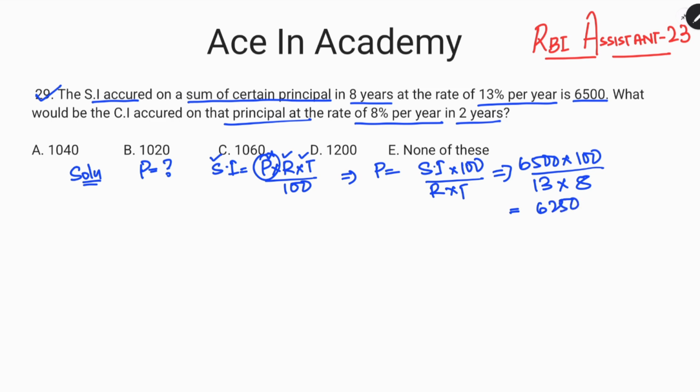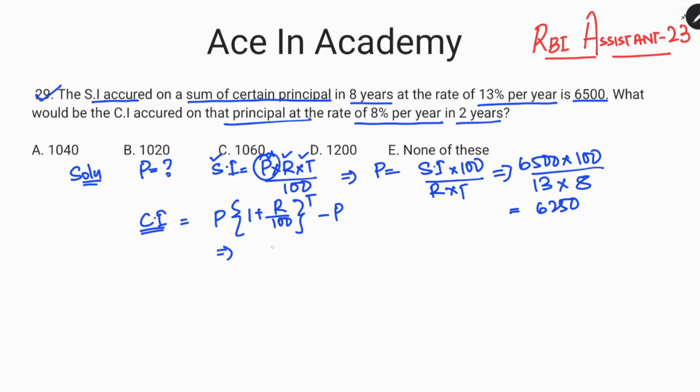So for our given question, the principal is 6250, and now we have to find out what is the compound interest accrued in 2 years. So the formula for compound interest is equal to principal into 1 plus r by 100 raised to the power t minus principal. So this will give us what is the total compound interest accrued.